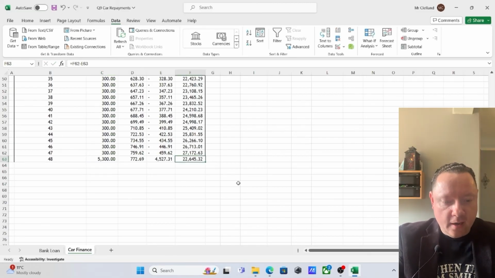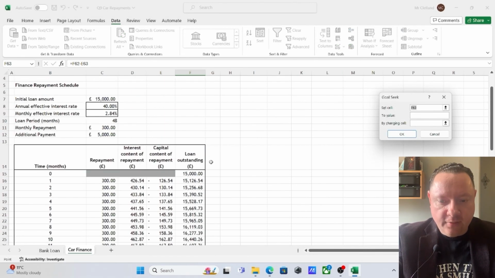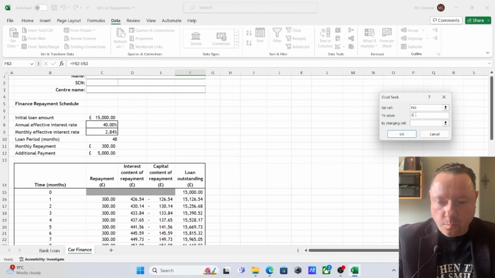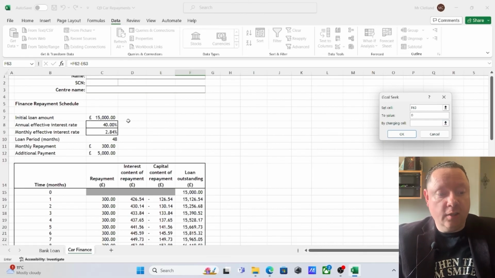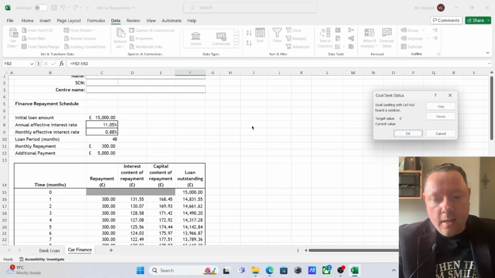You notice my goal seek again, I have to change this. So it's What-If, goal seek, change F63 to value 0. But this time we're not changing the repayment, we're changing the annual effective interest. After a little while we get 11.05%.